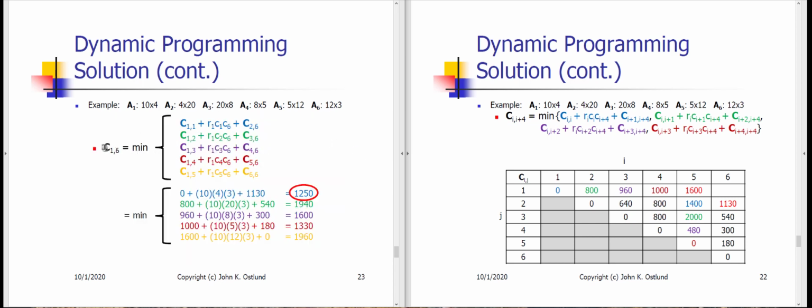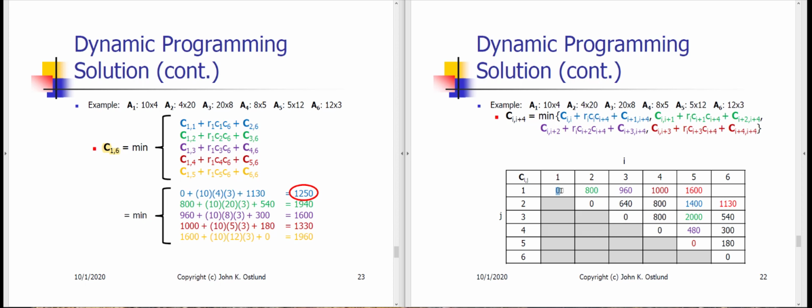Now we're going to get C sub 1, comma 6. And there are 5 numbers that we have to compute now, and we're going to find the minimum of those 5 numbers. So we've got C11 plus R1 C1 C6 plus C26, and C11 and C26 are just right in the table.